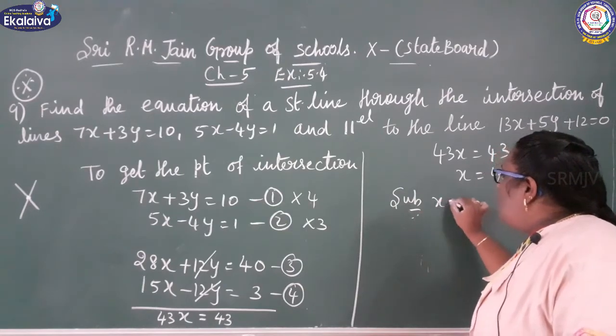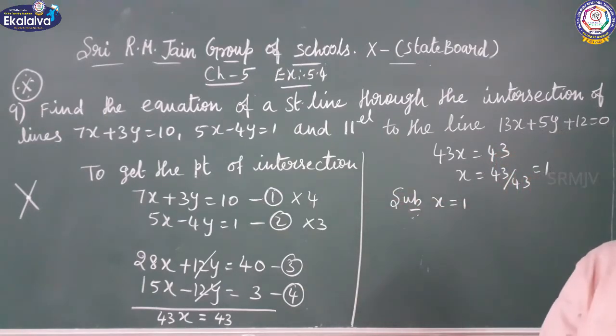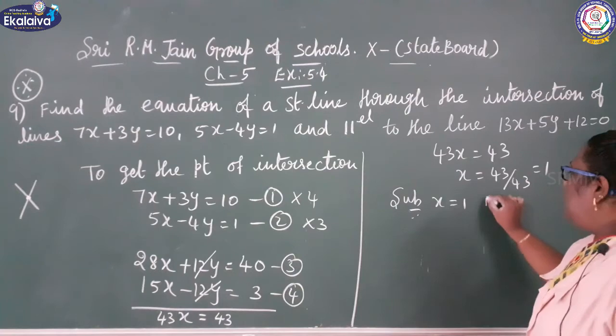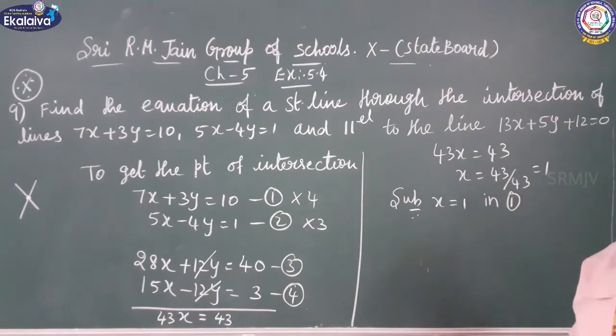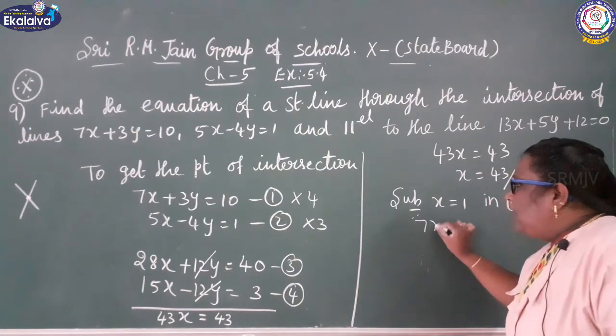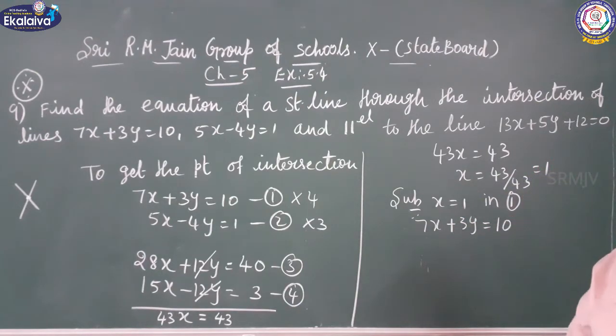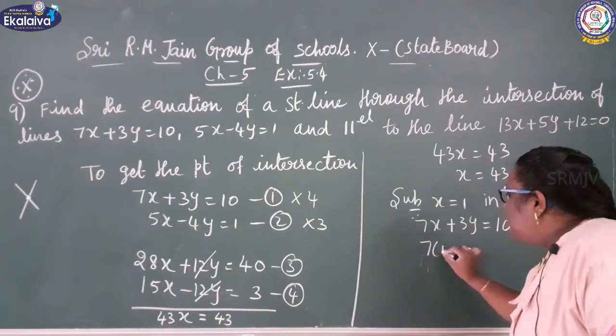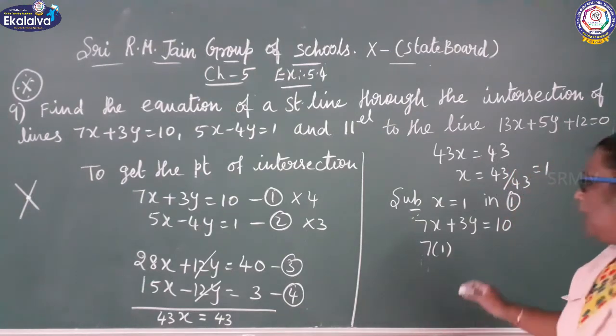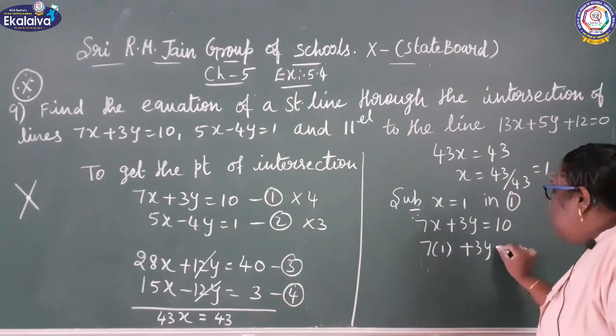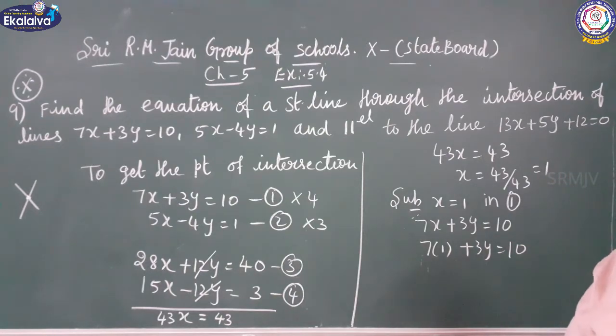Substitute x equal to 1 in any one of the equations. We can substitute in the first equation, 7x plus 3y equal to 10. 7 into the x value 1 is 7, plus 3y equal to 10.